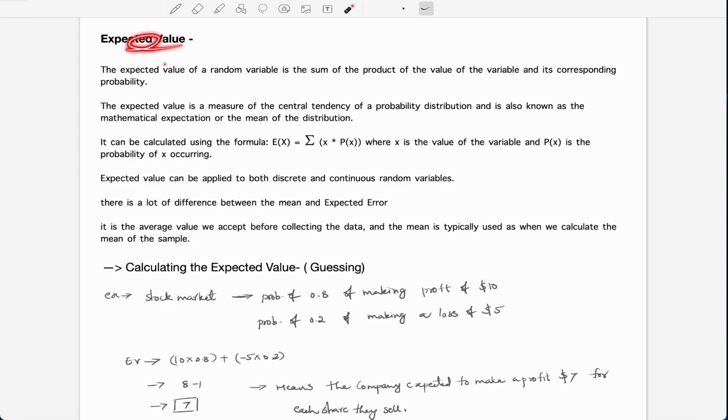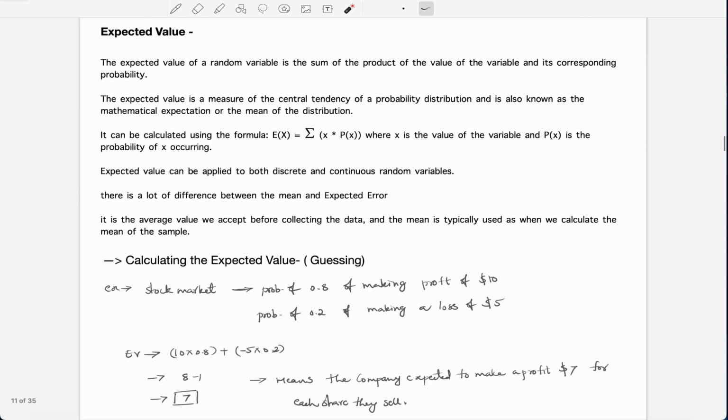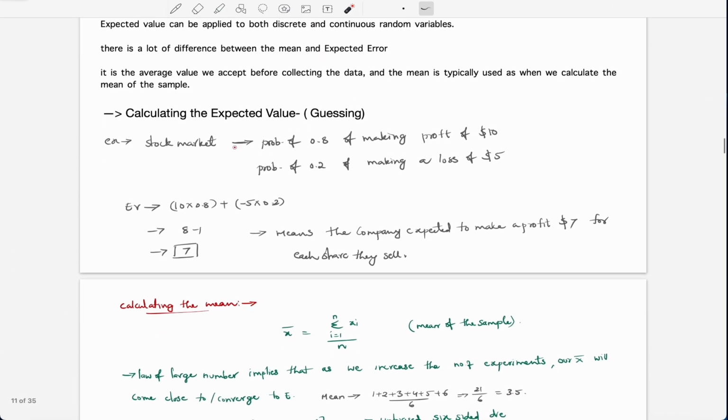And then we have covered the expected value. What is this expected value? It's a measure of the central tendency of a probability distribution, right? We expect some value based on the values which we have. I have given a practical example in the stock market.